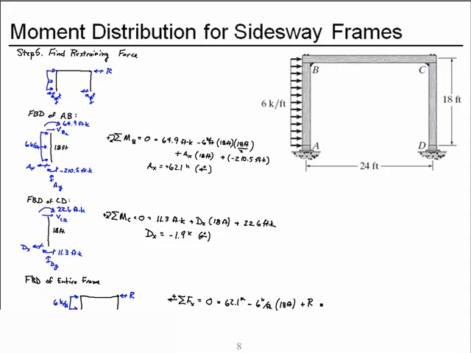Positive contribution from the restraining force, and a positive contribution but a negative magnitude for the reaction at D. And I get a restraining force of a positive 47.8 kips acting to the left.